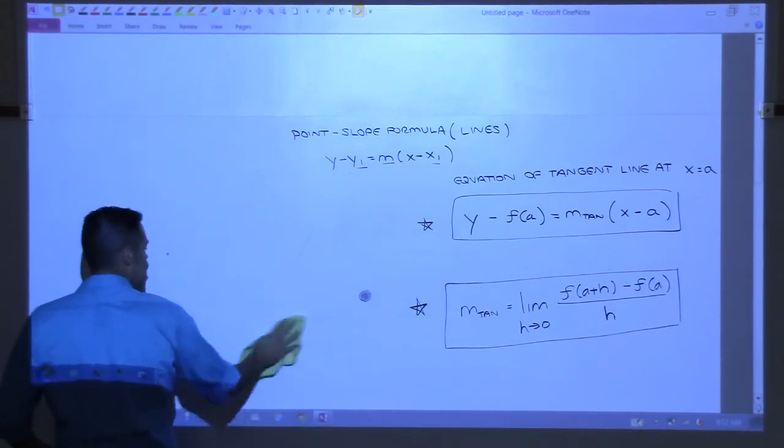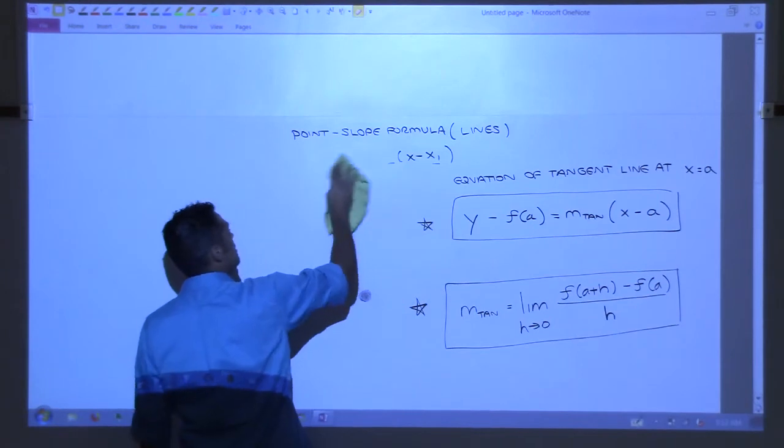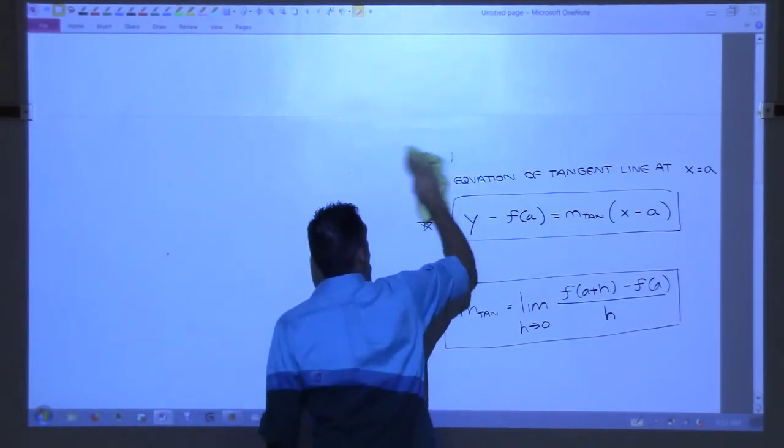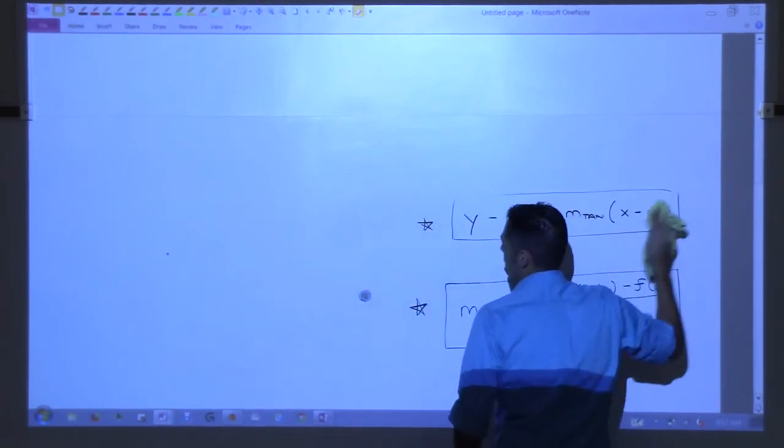What's going to be difficult in these problems is not the plugging in of the formula. It's the algebra required. That's what's going to make these challenging, I should say.